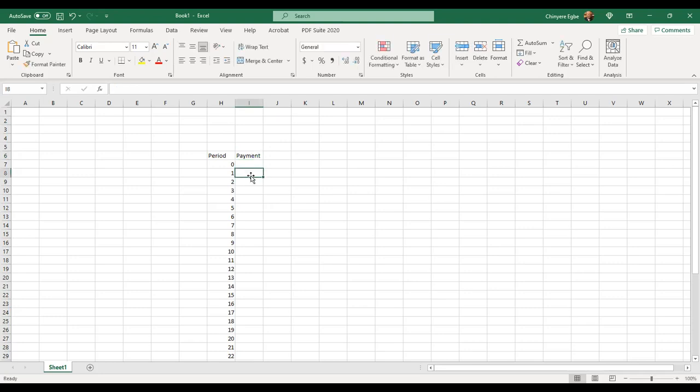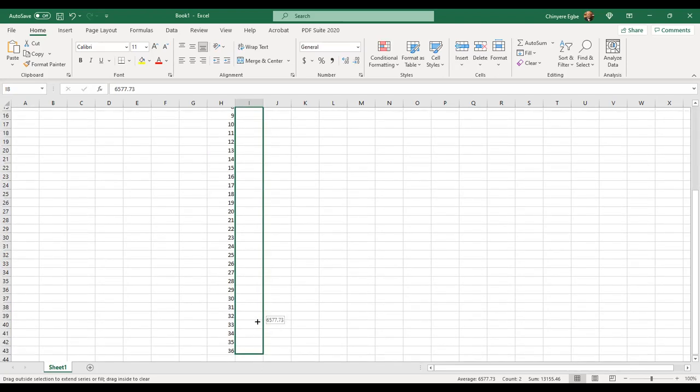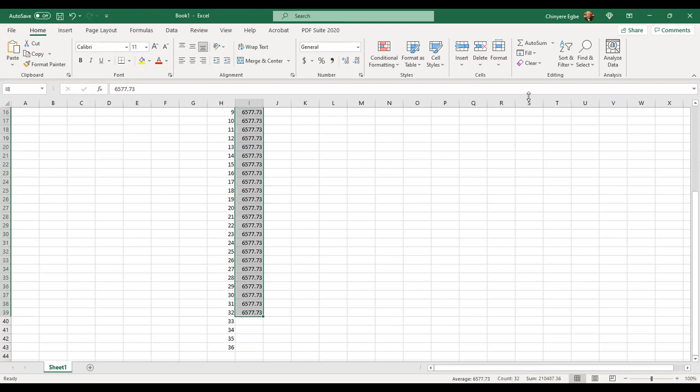Payment begins from period 1, which is 6577.73. And that is constant for 32 periods.